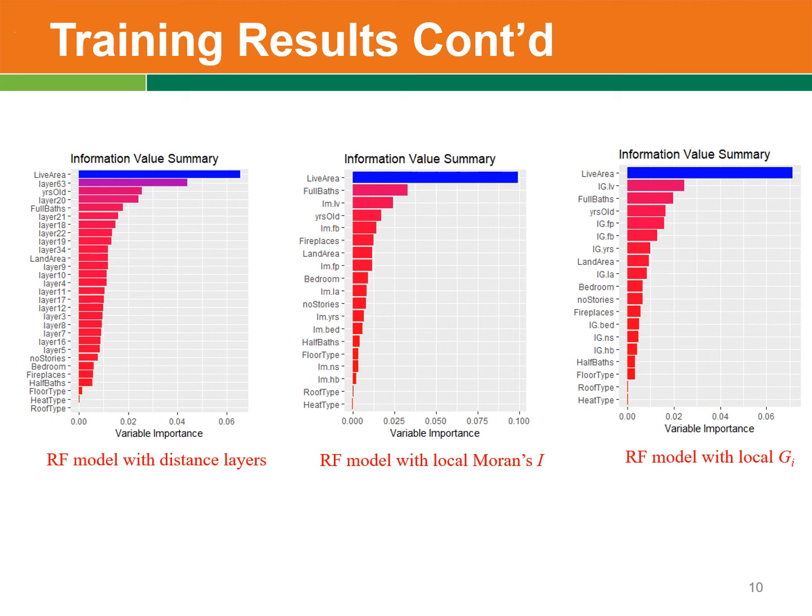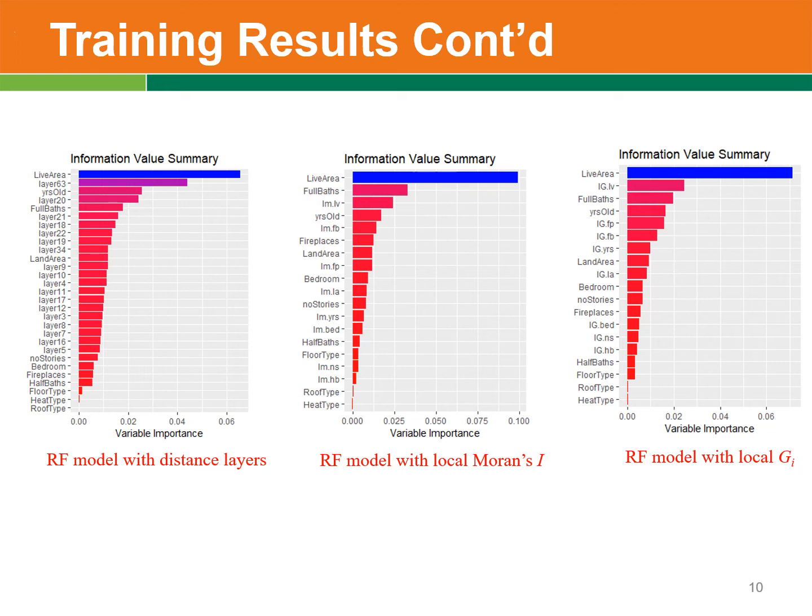For the distance layer variables, some of them are very important, like layer 63 and layer 22, and the rest of the distance layer variables are generally more important than the majority of the covariate variables.